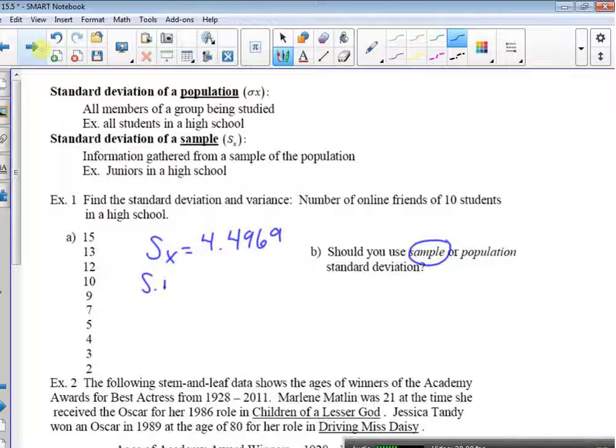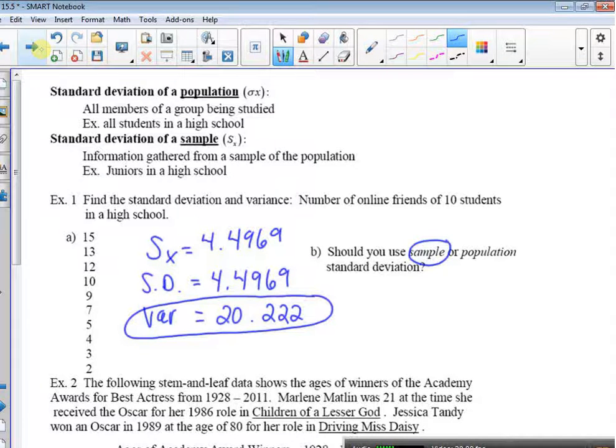So the standard deviation is that value, and the variance is that value squared. It's like 20.222, and there are other decimals as well. It didn't say what to round to, so I just went out to 3 decimals.